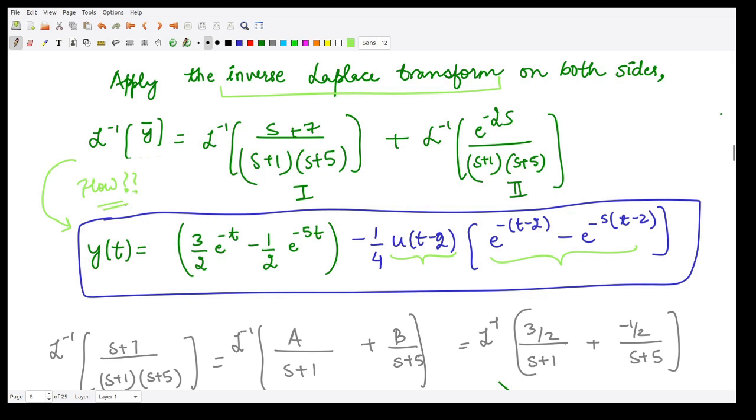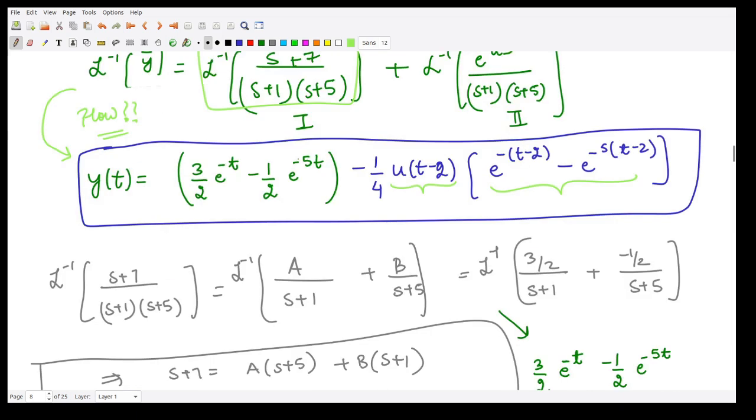To answer that, we'll go individually. I'm calling this first factor factor number 1. So we'll obtain its inverse Laplace transform first, which would be given by this expression over here.